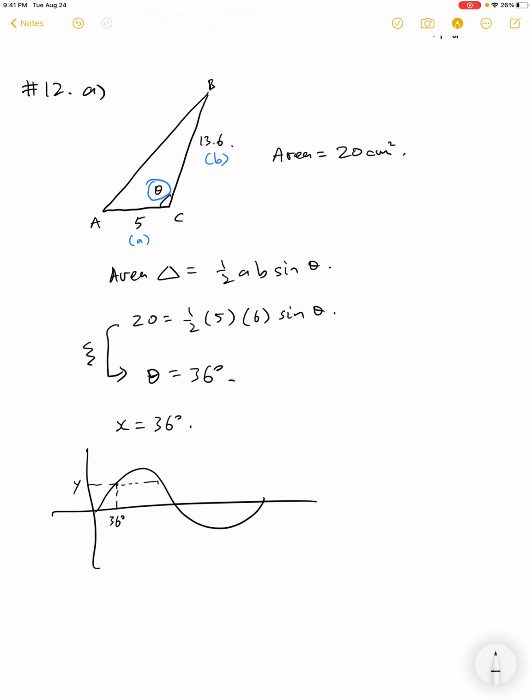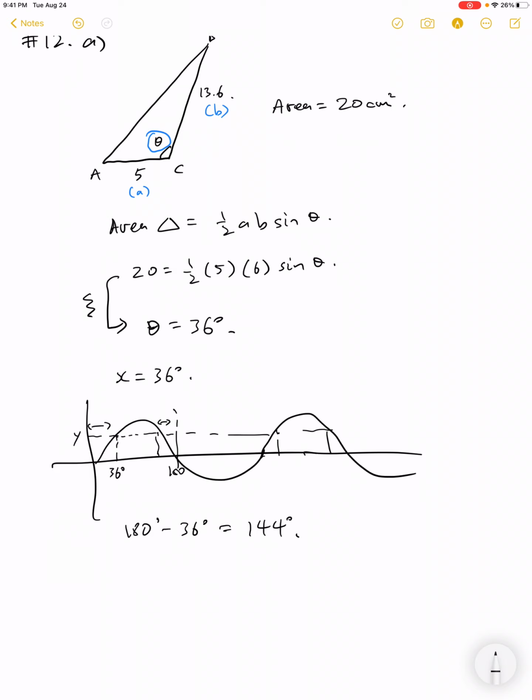If we go on further, remember the distance is the same. So if we go 180 minus 36 degrees, it should give us 144 degrees. And we don't need to worry, but if you carry on, just continue to add 360 degrees to your first and second values, but today we were only looking for this value here.